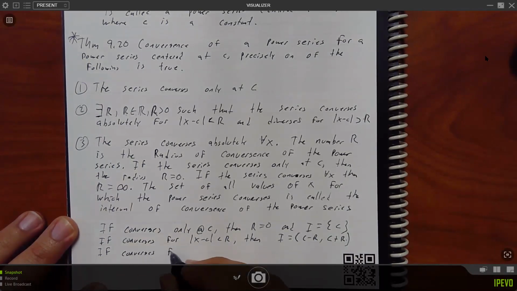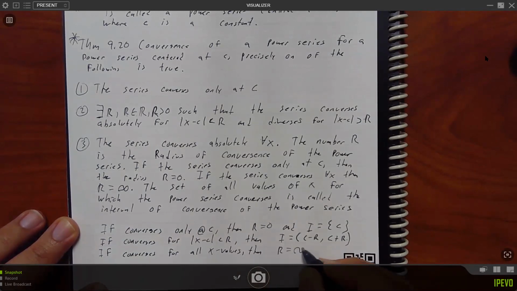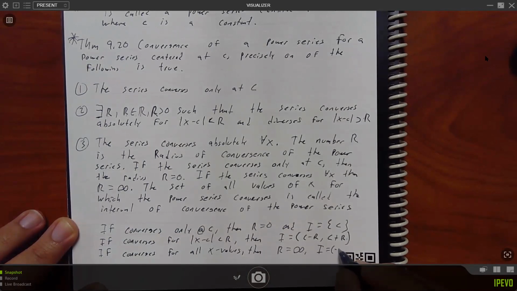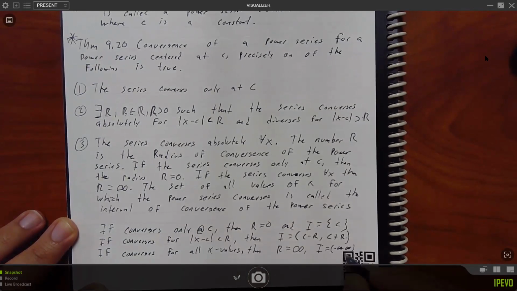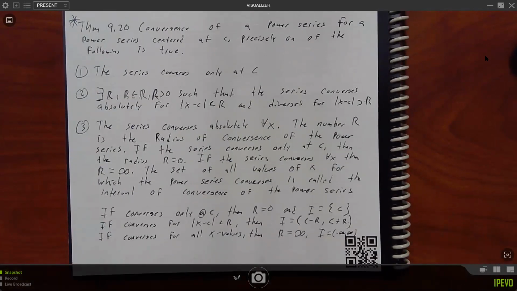If it converges for all x values, then R is infinite, and the interval would be -infinity to infinity. That's what number 3 is basically.